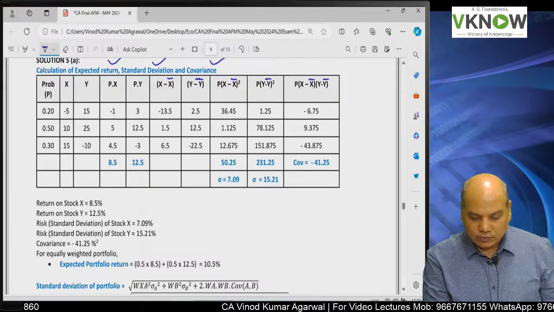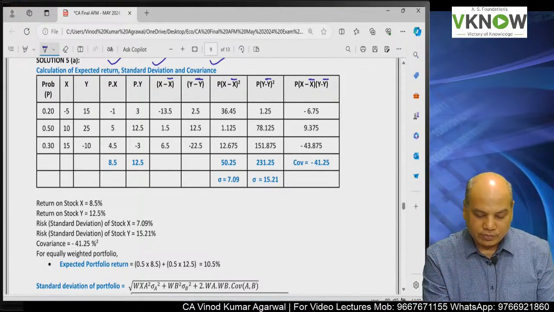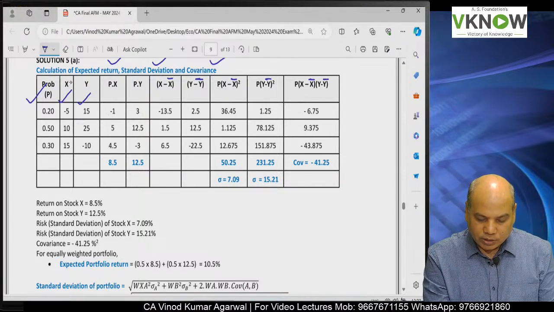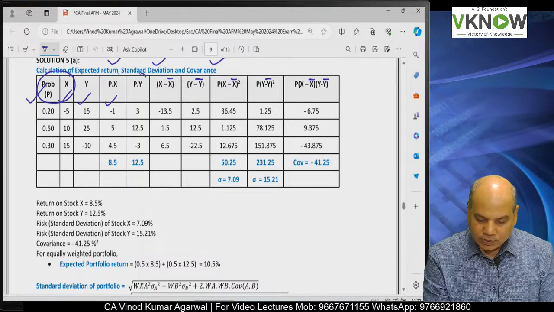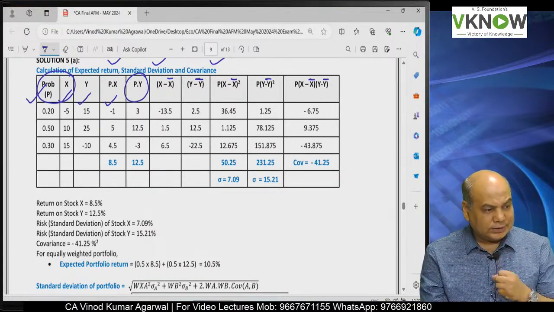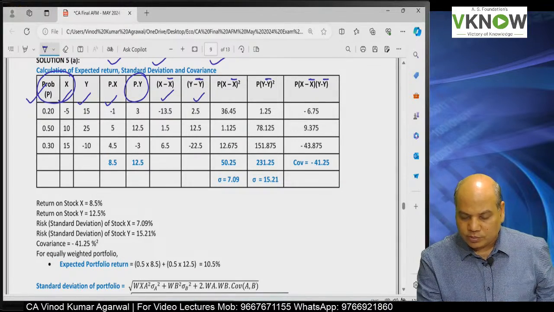So in this table we have the same format. We have done this several times in the class. Probability, return on X, return on Y. Multiply these two, P into X, multiply probability into return of Y. Calculate deviation of the two stocks from the mean.